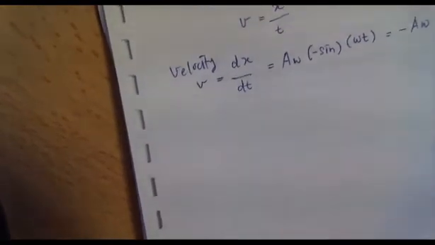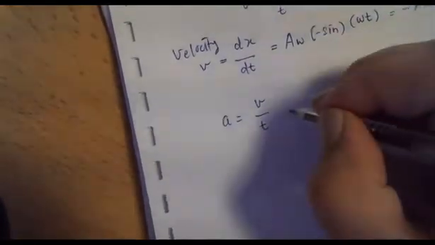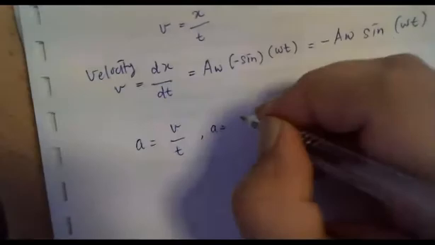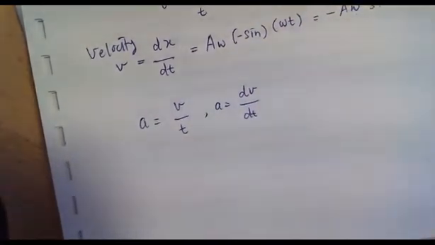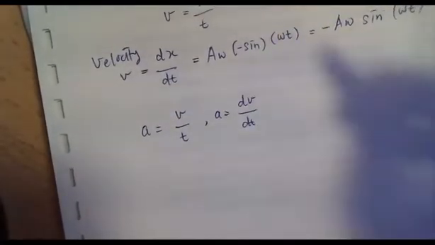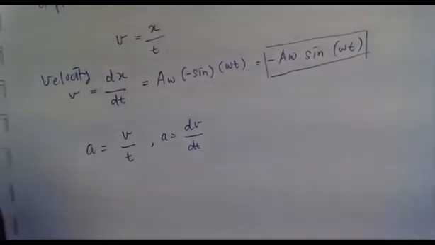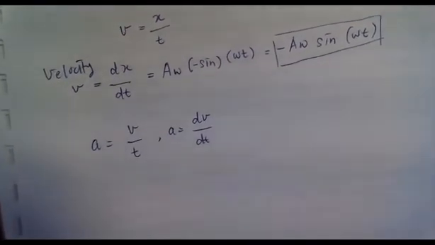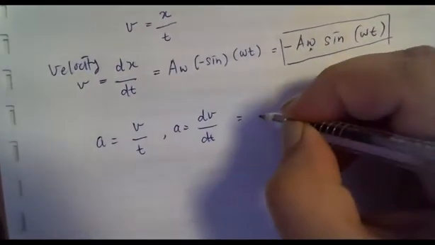Similarly for acceleration, to find the acceleration I have to take the change of velocity with respect to t. So in SHM, I have to differentiate once again the velocity with respect to time. When you differentiate these equations over t, you will once again get omega, another omega, so you will get negative A omega square.